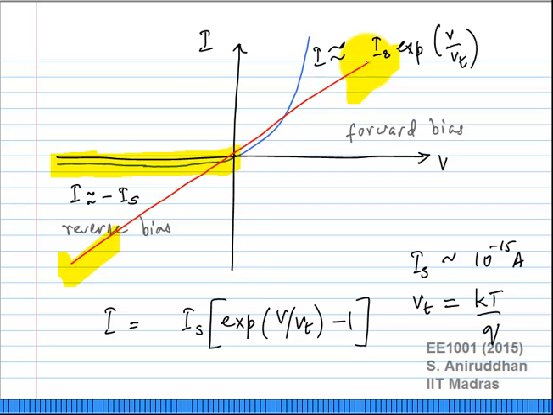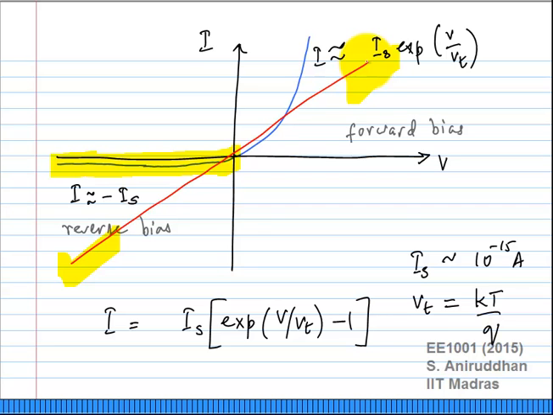Any idea where these might occur? Well, as it so happens, if you pick up a solar cell, of course, you have energy coming in the form of light, but it will occupy a different quadrant. It won't occupy only the first or third quadrants; it will be in the fourth quadrant.